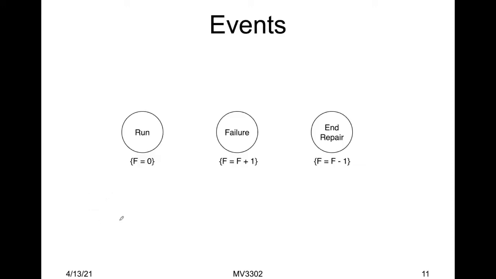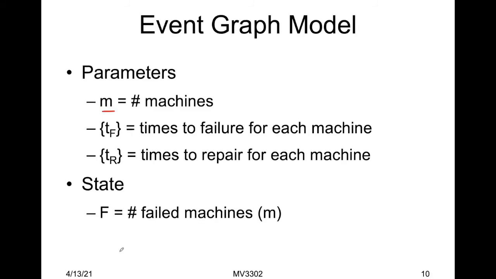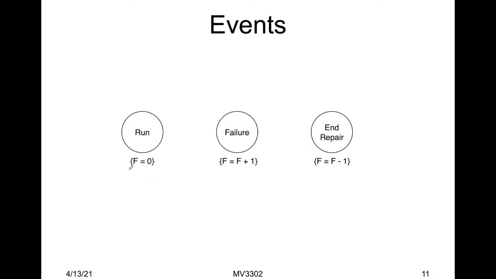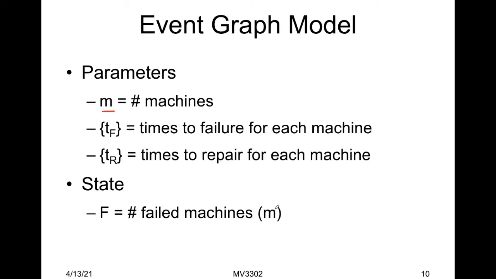So now this is actually a very simple set of state transitions. I only have one state variable. What could happen? Well, initially it's 0. Did I say M? This should be 0, sorry.